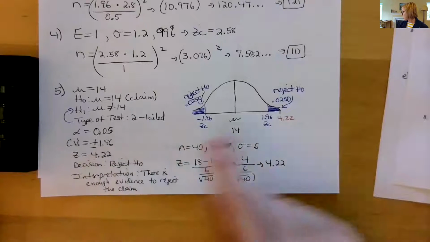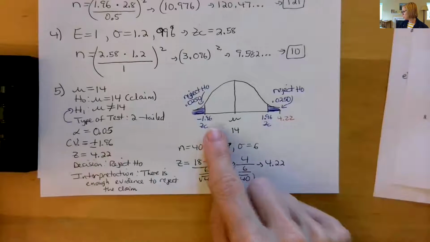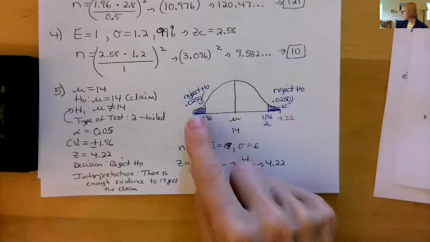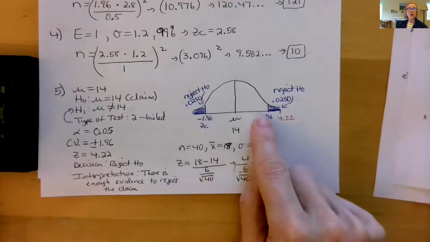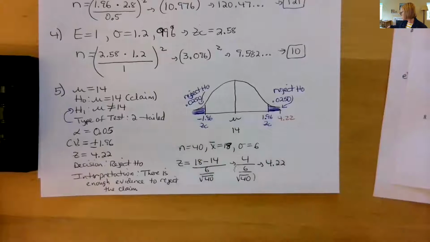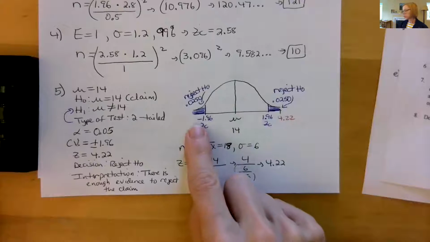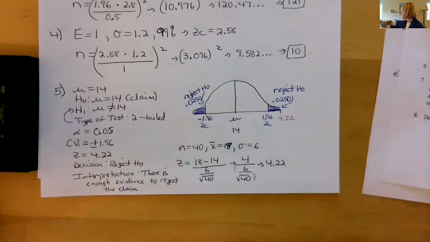Because the level of significance is 0.05 and it's a two-tailed test, we have to split that 5% between each tail. So it's 0.025 in each tail. In order to find the critical value in the Z distribution, it's easier to look up the left tail. It's just a little more direct.